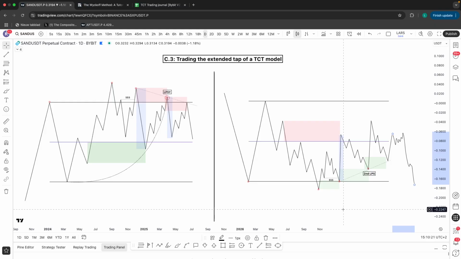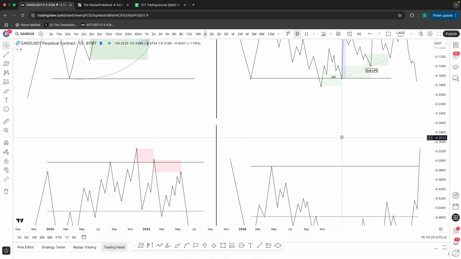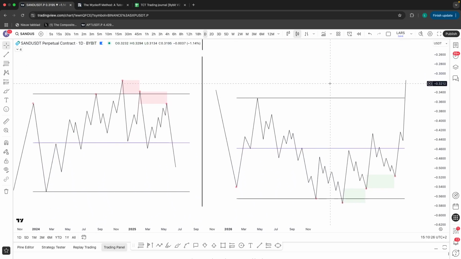When we're trading the extended tap in a Model 1 distribution or Model 1 accumulation, it is going to be slightly different. Because you guys already understand the term Model 1s flowing over into Model 2s, which is explained in the Mentorship 2024 in the Advanced section, Advanced TCT Schematics, where I've elaborated on the fact that you can have your Model 1 distribution right here with your tap 1, tap 2, and tap 3 that can leave behind supply that price later on can come back for.